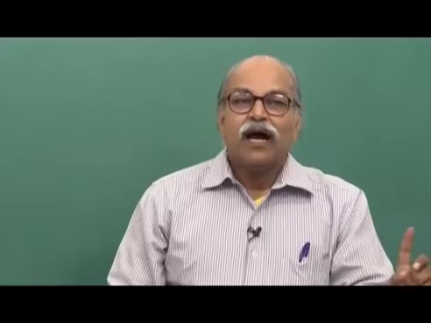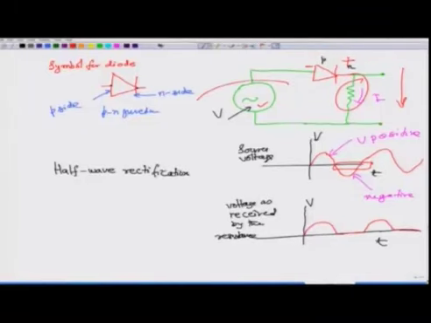So, what we did on the table? We made a half wave rectifier, and what was that? We had this circuit, we had this AC voltage source, we had this diode, and then in place of this resistance we had the galvanometer. So, let me draw it again.